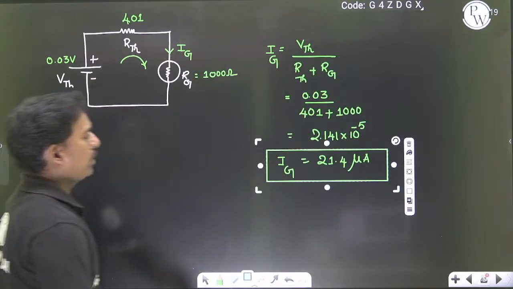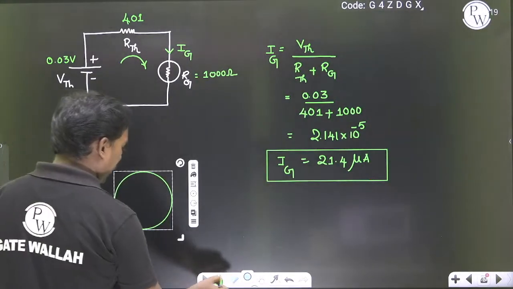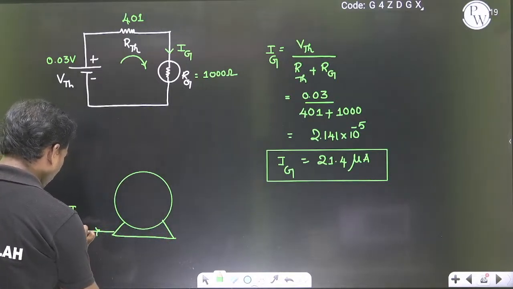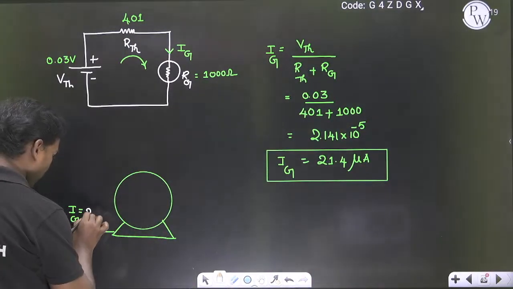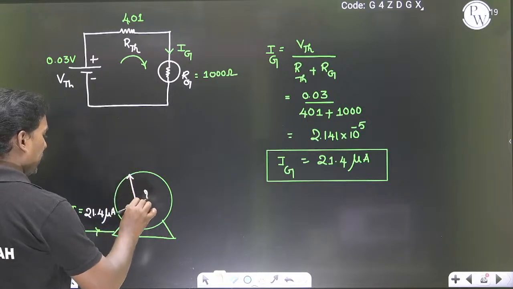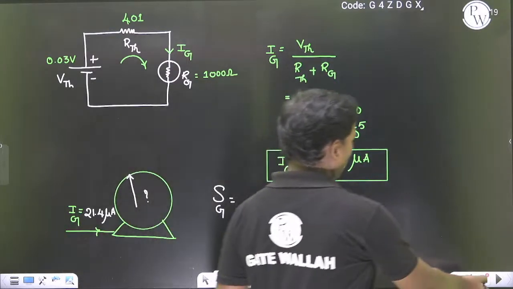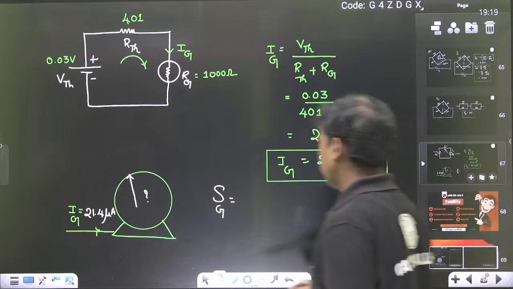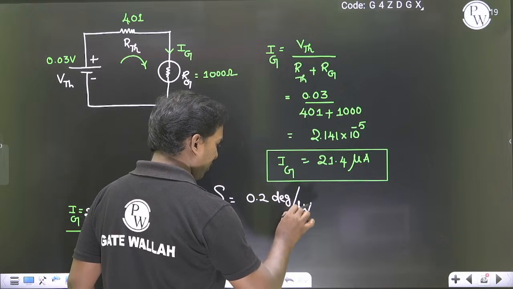21.4 microamperes. Now, from the deflection sensitivity of the meter, the galvanometer current is equal to how much? 21.4 microamperes. So what is the deflection? What is the sensitivity of the galvanometer given in the question? 0.2 degree per microampere.